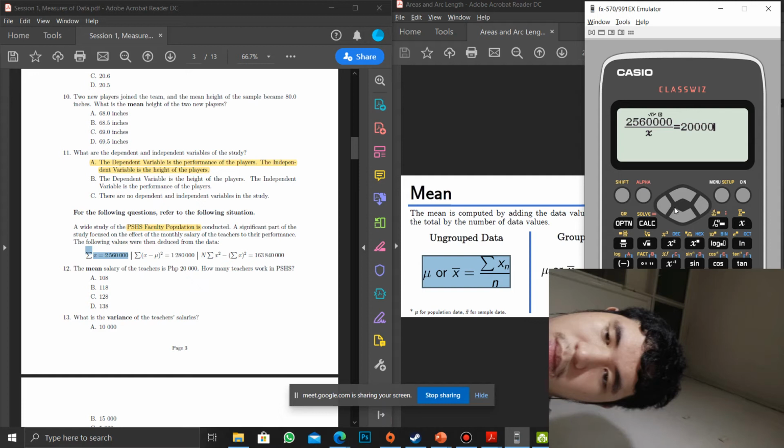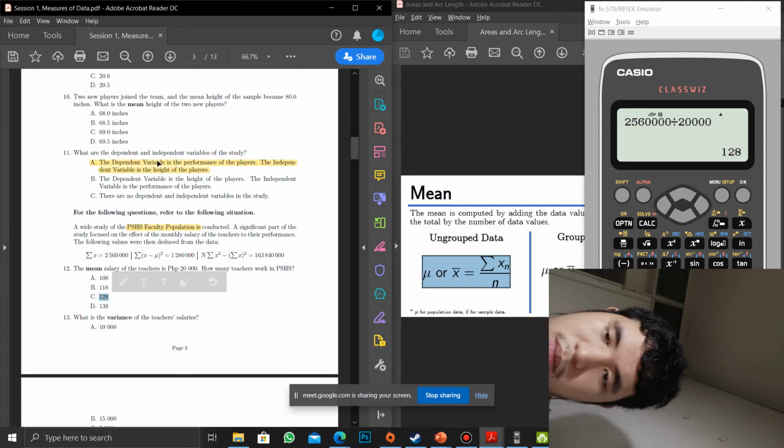So, how do you get n? You get n kapag nilipat mo to dito sa baba. So, ang n natin, or number of people, is just simply yung sum of x divided by the mean. So, 2,560 million divided by 20,000. So, we get 128 people work in Pisay. Nandito yung sagot na yun.